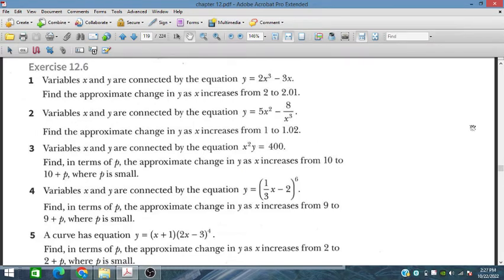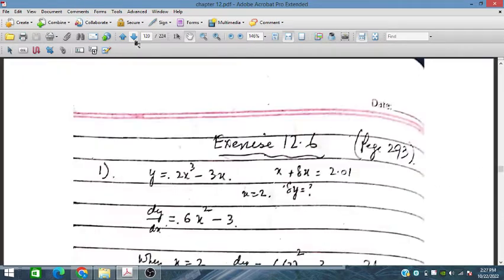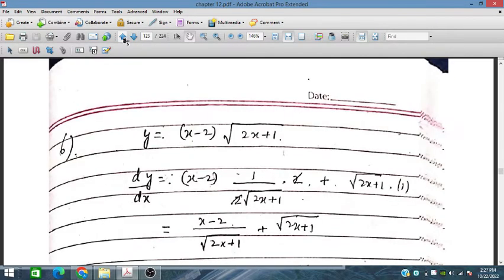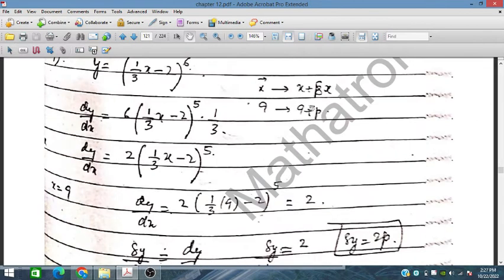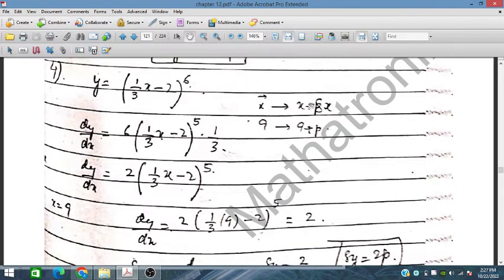Similarly, let's go to problem number 4. Here we have y is equal to 1 over (3x minus 2) whole power 6. Here we have a change in x, from 9 to 9 plus p.